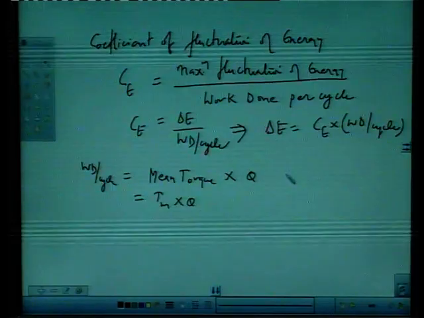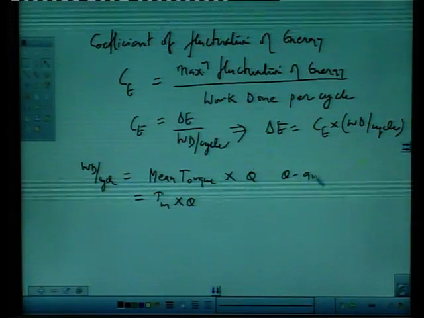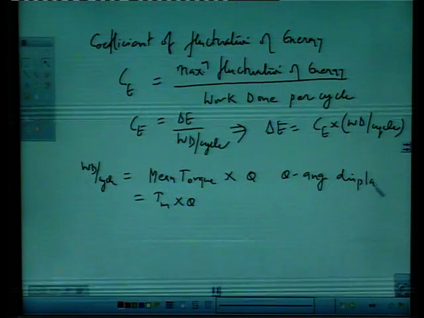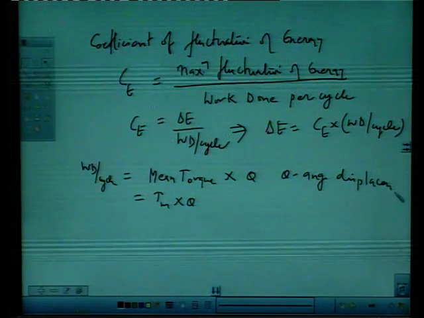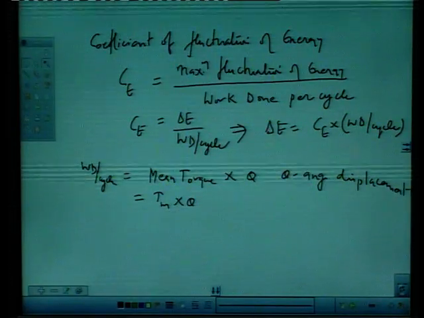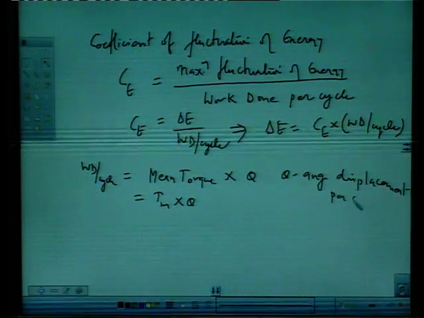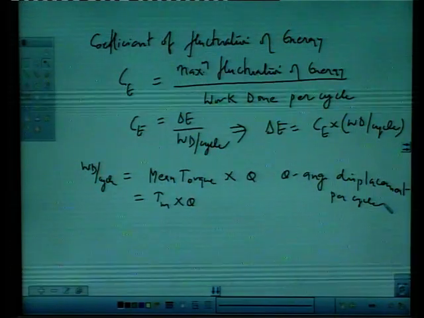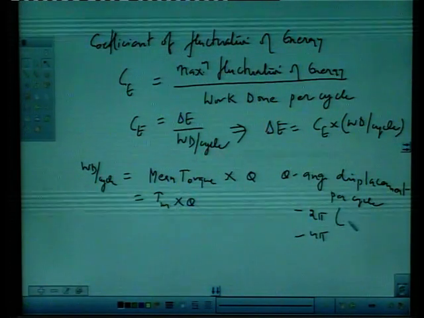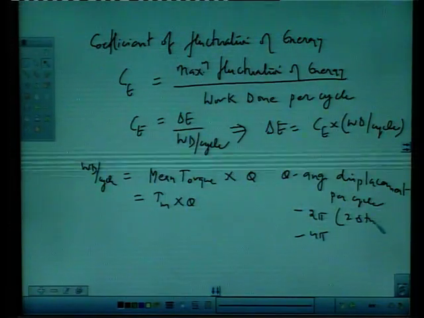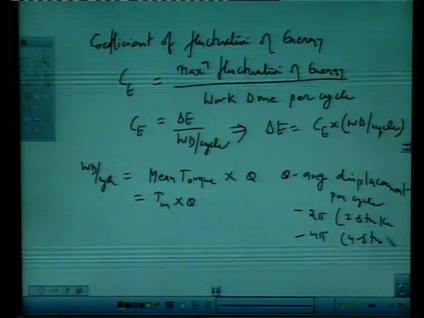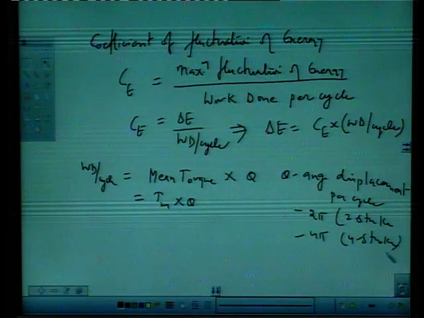Now this theta is the angular displacement per cycle. It could be 2 pi in case of a 2 stroke engine, and it is 4 pi in case of a 4 stroke engine.